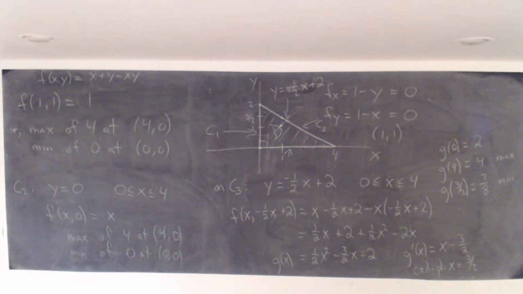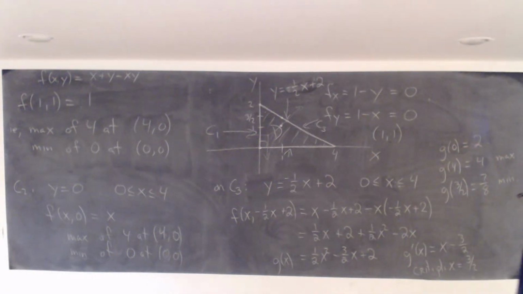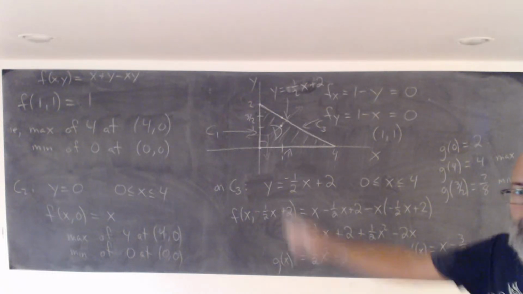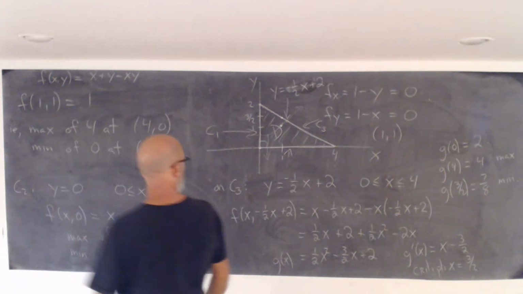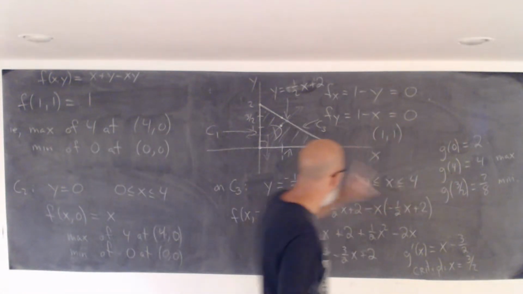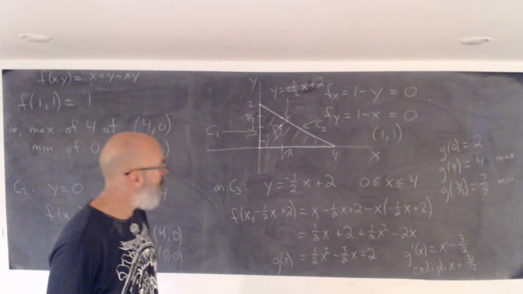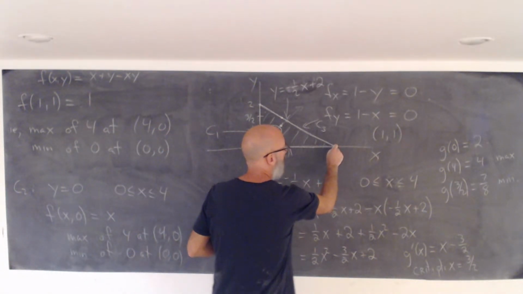There you go. But maximum of 4 at (4, 0), and a minimum of 0 at the origin. Yes, thank you. g of 4 is 4. Carl, thanks. And the maximum is at (4, 0). Absolutely. This 4 here corresponds to x equals 4, y equals 0, because it's right here.